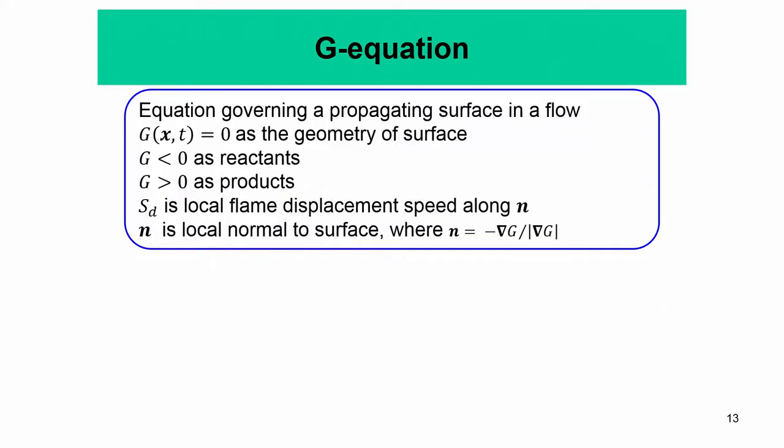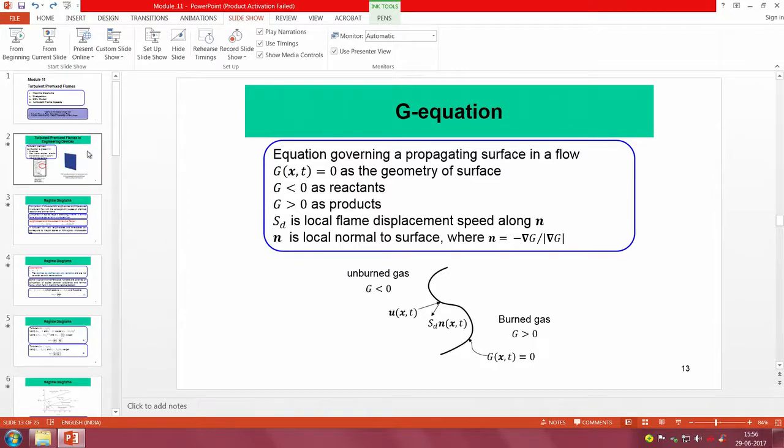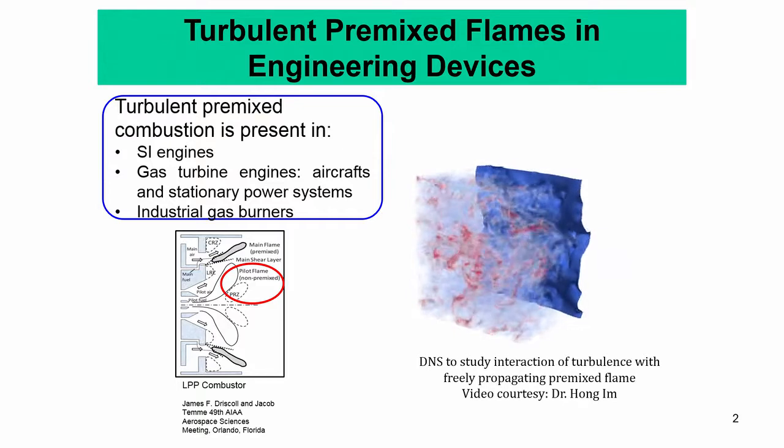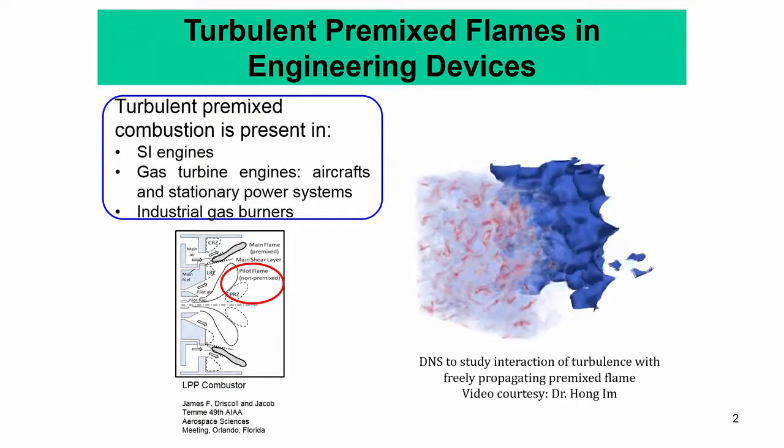Now this is conceptually a very interesting thing. So once again we keep going back to this. What we are showing here is essentially a surface that we have taken out of the flame, okay.